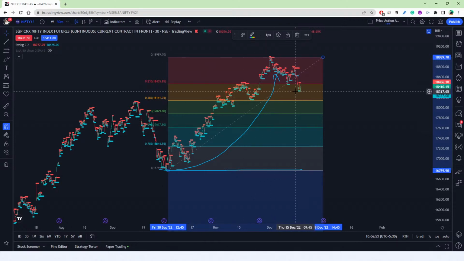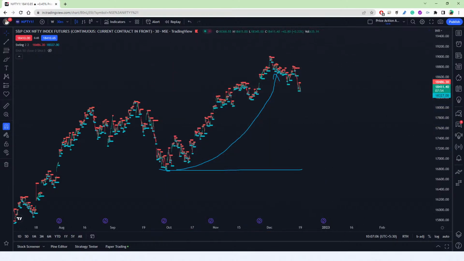So even for a short opportunity, if there is a shorter correction, the possibility of the market reaching 18,200 levels is possible.